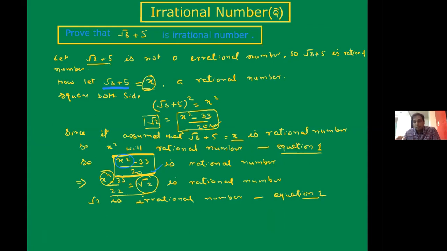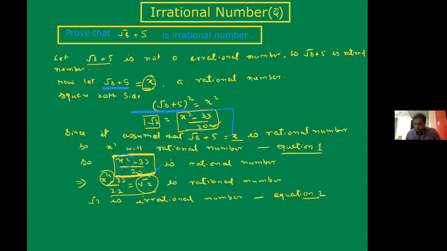Fine. So if the whole right side is coming as a rational number, that means the left side also should be a rational number, right? Because both should be the same. If one side of the equal is a rational number, the other side of the equal should also be. So in that way we need to write this equation.